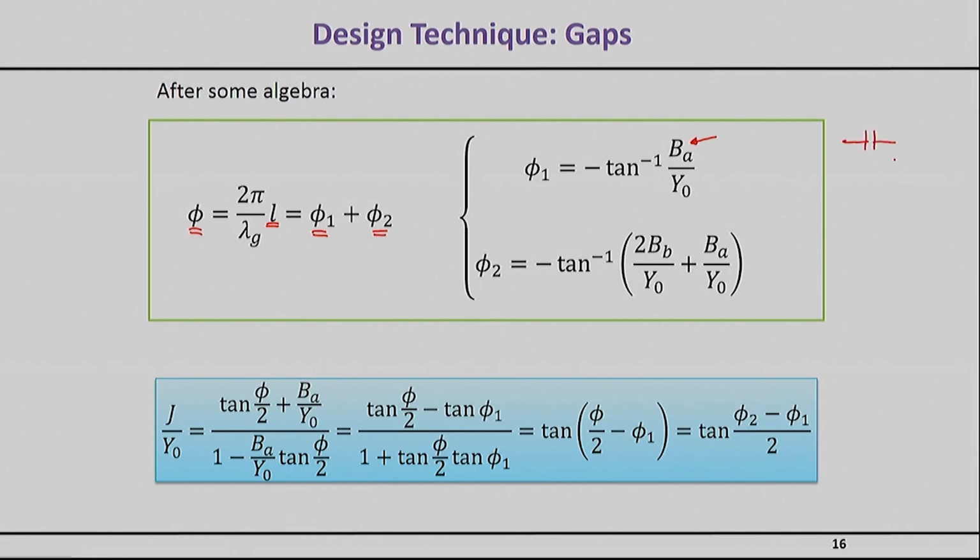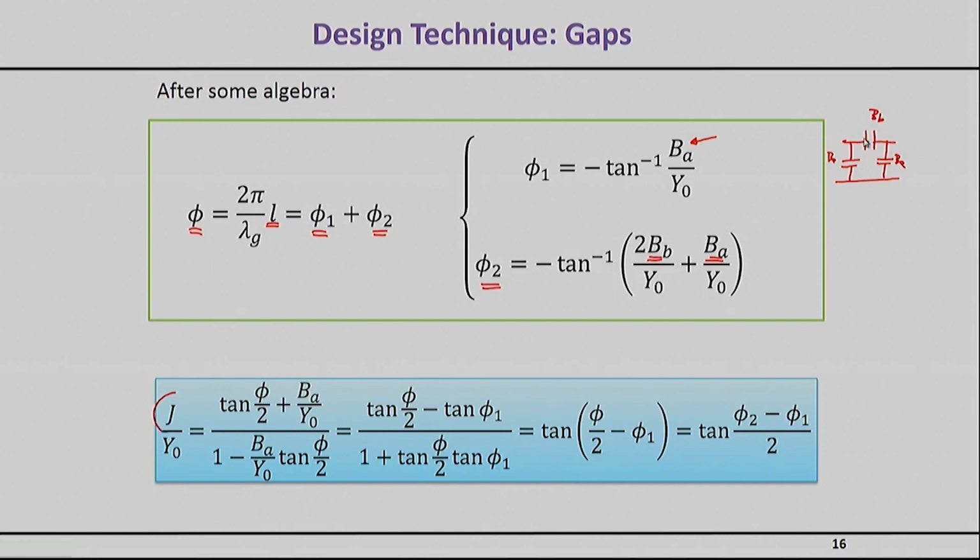If you remember, the equivalent model for the gap is this one here, where we have BB here, and BA to the left and to the right. So that's the BA that you see up there. And then phi2, the angle here, is also related to this BA and this BB. So one more step is required to make that link more explicit.